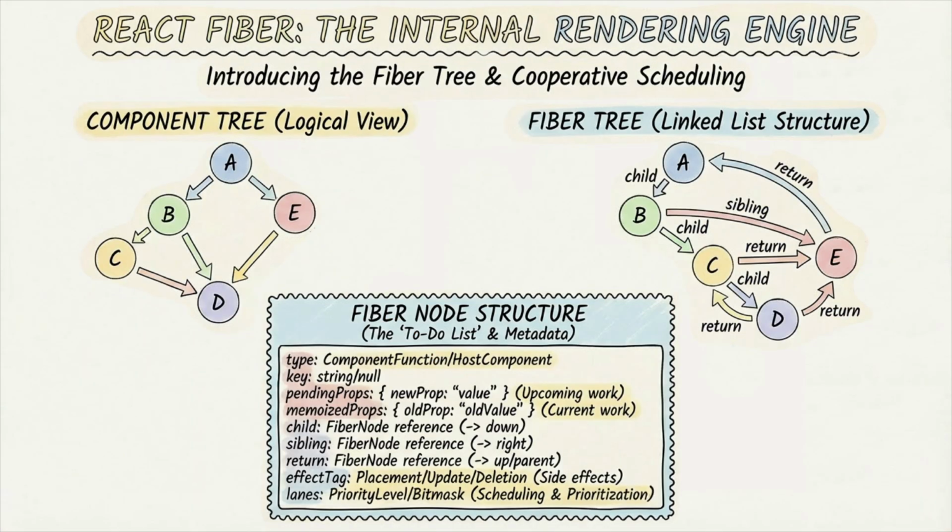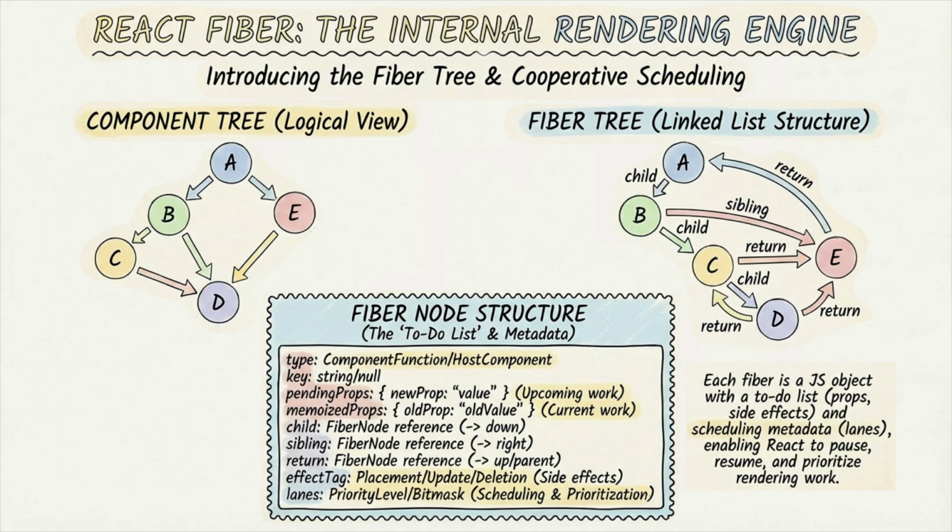You can think of each fiber like a small JavaScript object with a to-do list. When an update happens, React doesn't re-render everything. It walks the fiber tree and decides which fibers actually need work. This process is called reconciliation, and we'll talk about that in a moment.